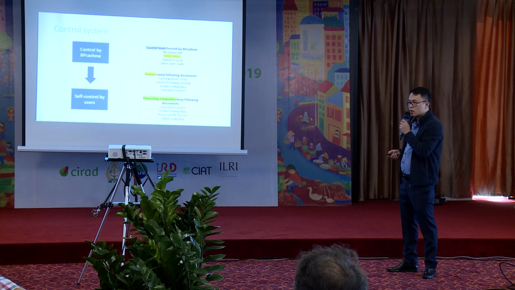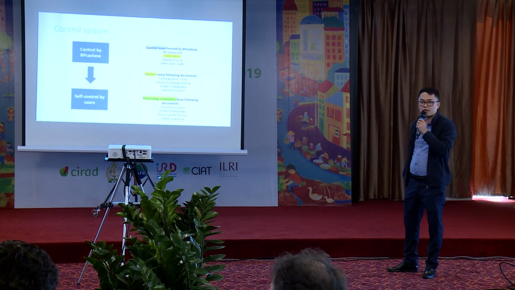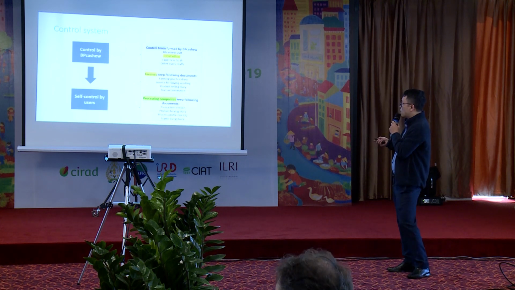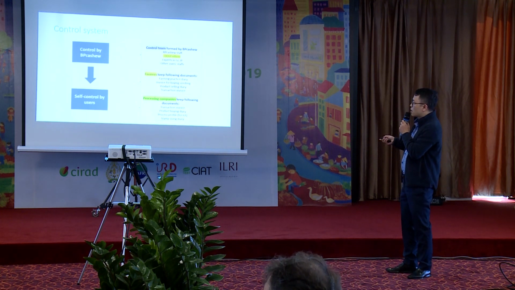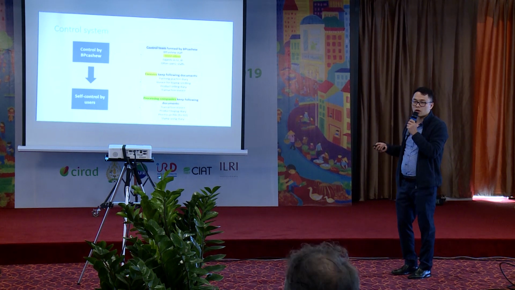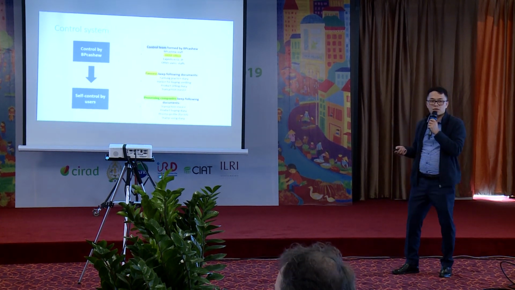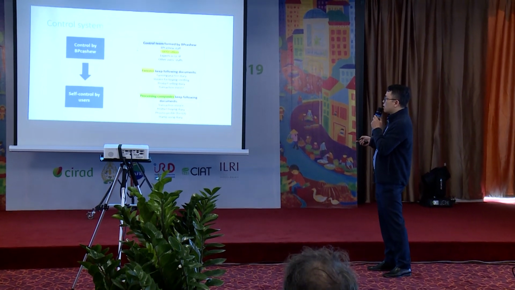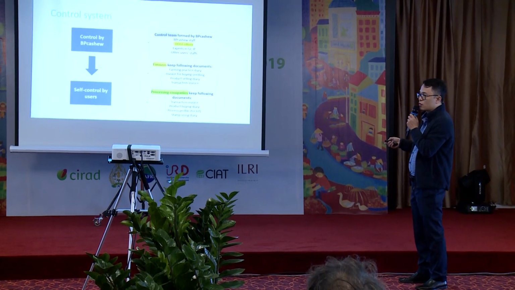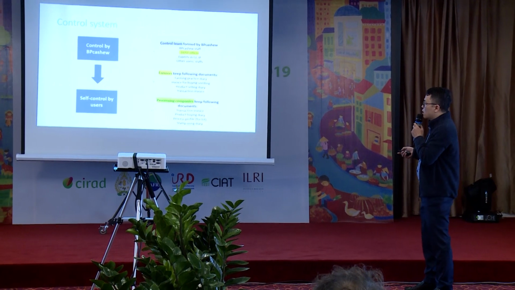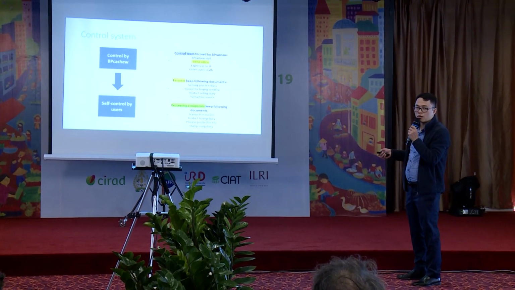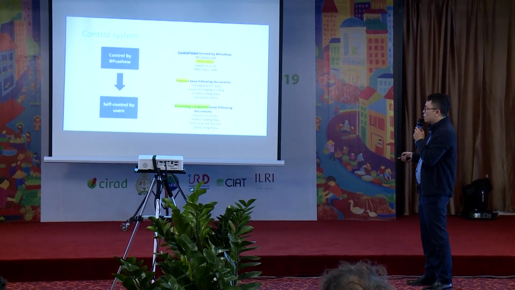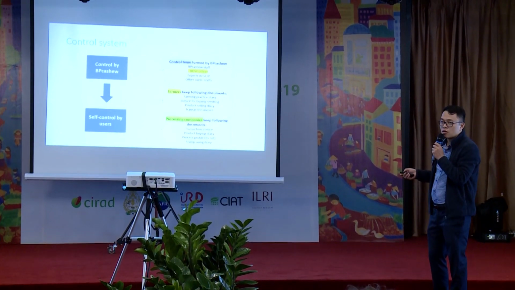To make it more visual, I show on the graph that the control system has two layers of control. The first one is done by BB Cashew, so we call that the BB Cashew control, and the second layer is the self-control by users.